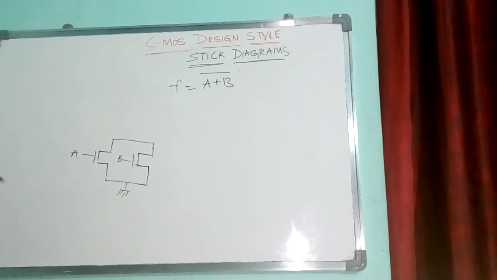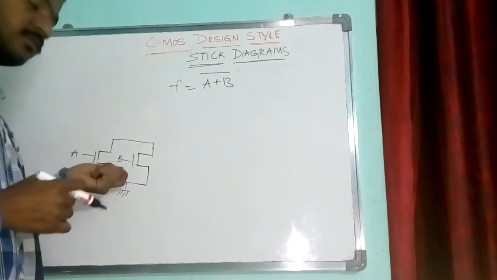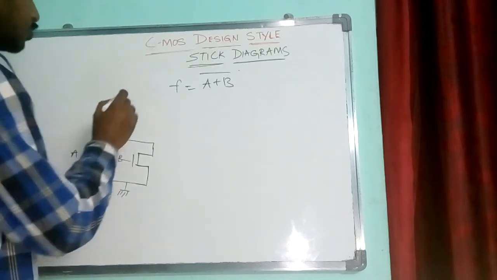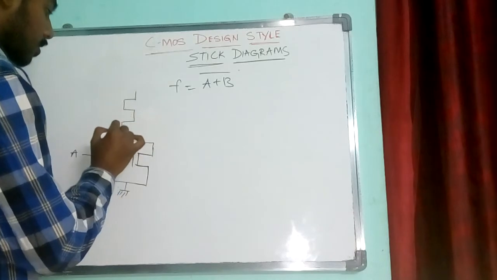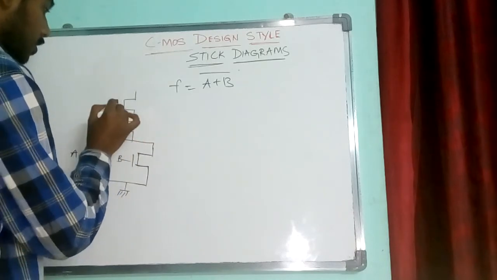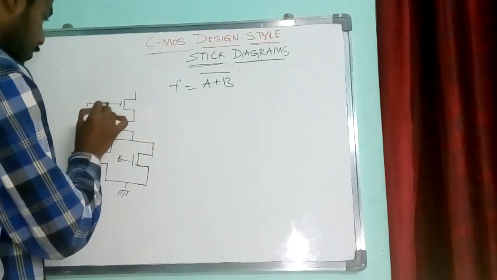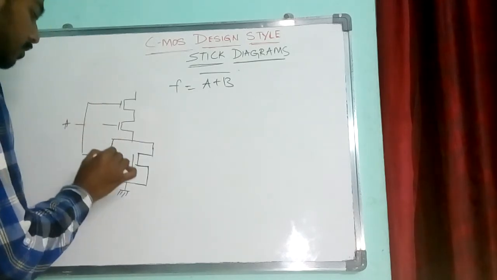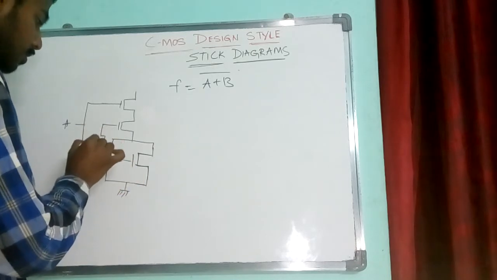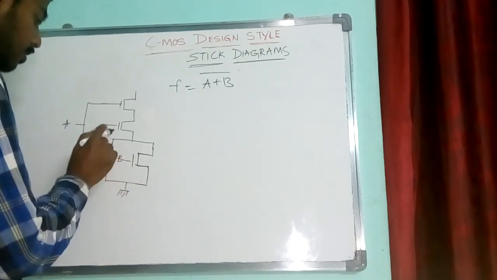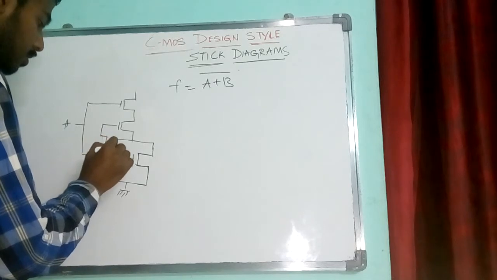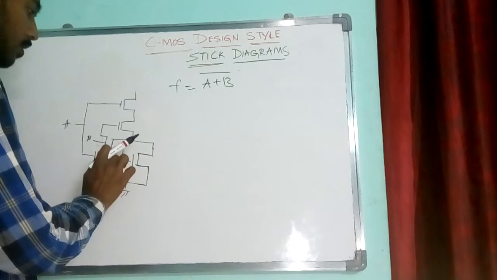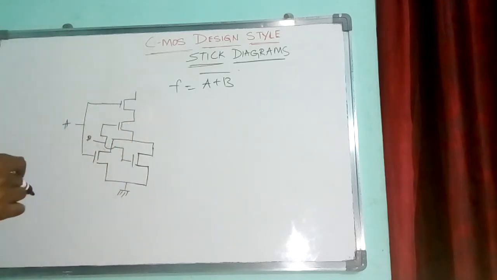Now to get the PMOS side, I need to get the opposite. This is A, this is B. But what is the opposite of parallel? It is series, right? So these two are in series. The inputs are the same inputs which are given: A and the same input B. Now where do we get the output?